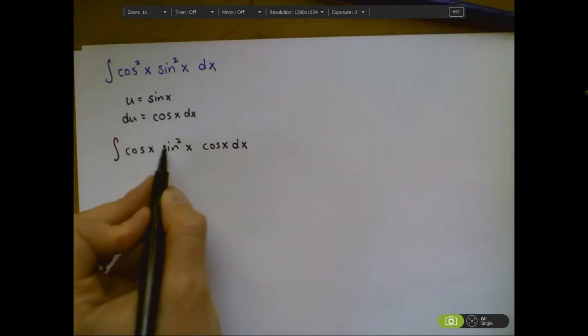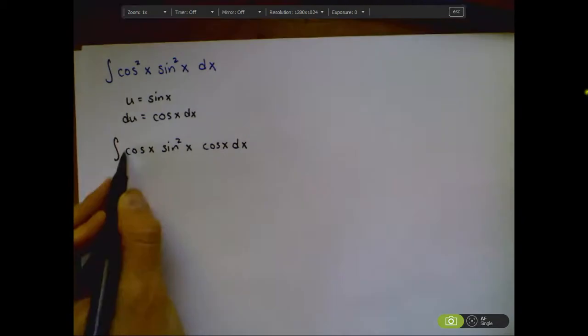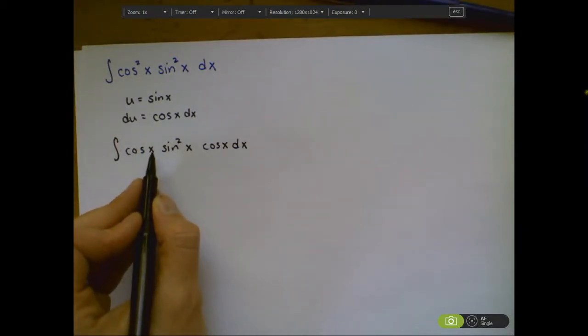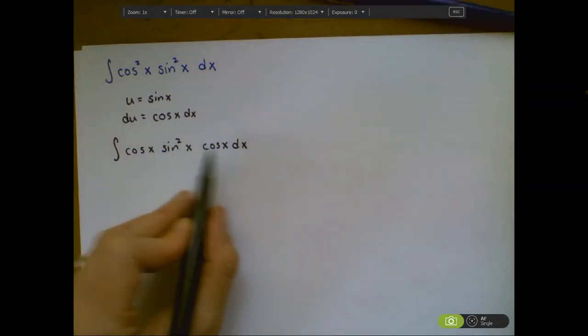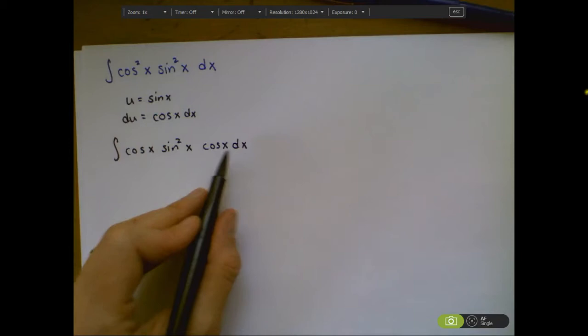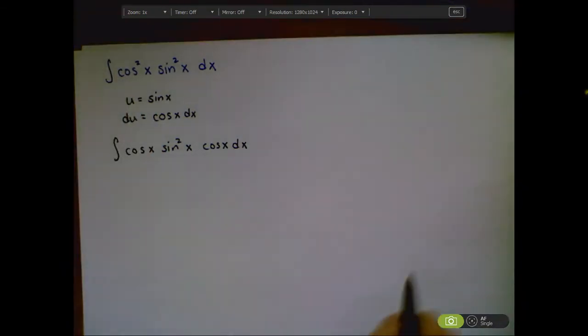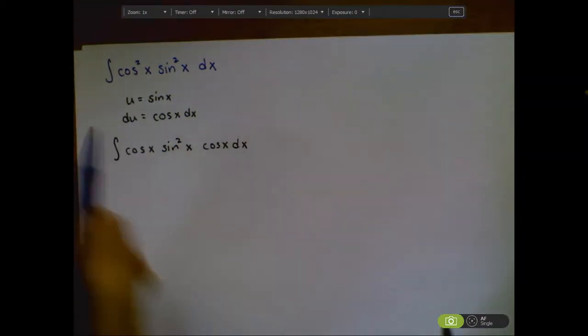And the problem is that not everything here is in terms of sines, which is our u. We have this one remaining cosine, and we don't have an identity to turn cosines into sines. We only have an identity to turn two cosine squareds into sines. And it turns out that because this cosine is raised to an even power, this type of u substitution isn't going to work, and we're going to have to be a little more clever.